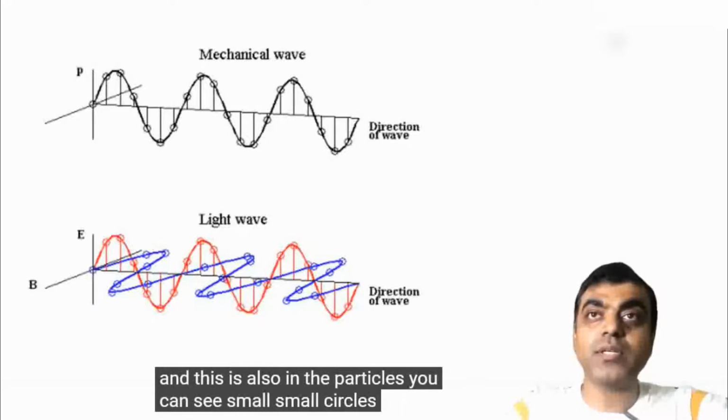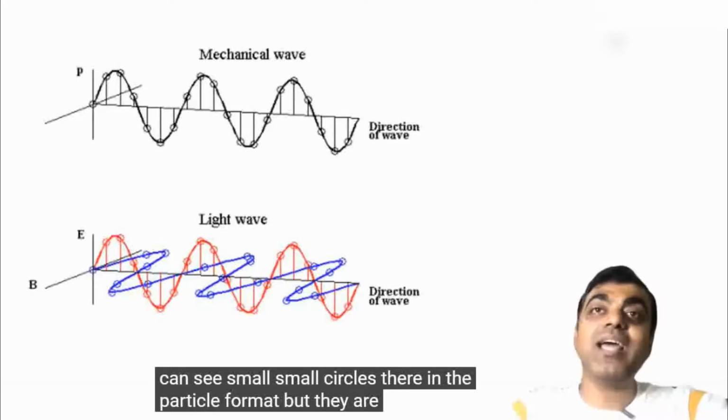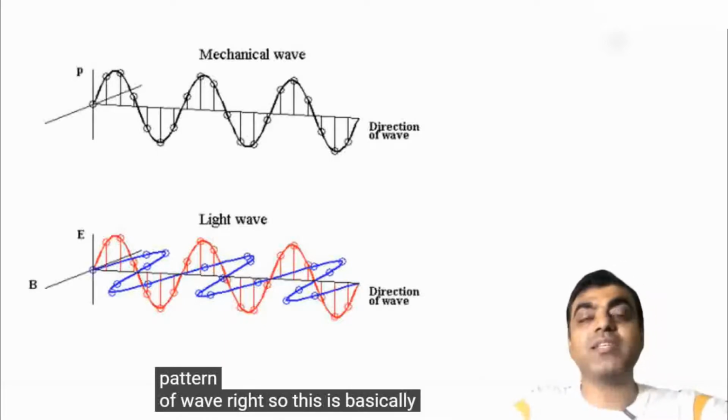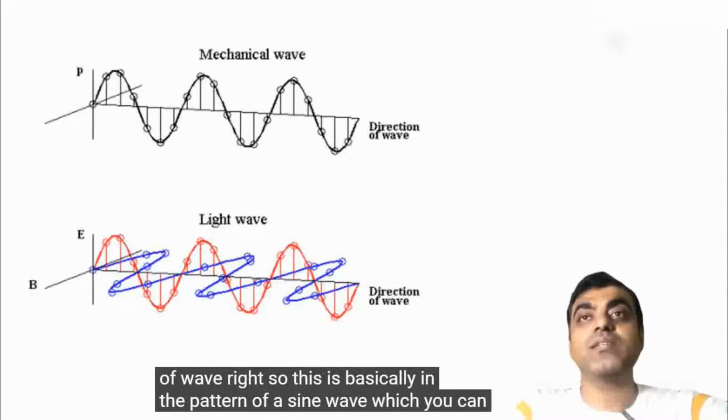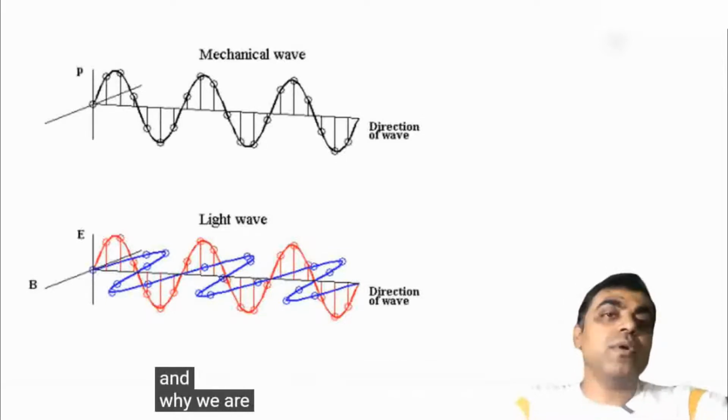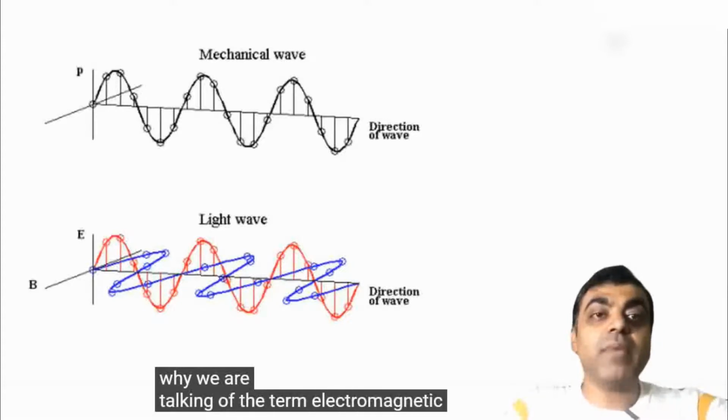And this is also in particles. You can see small circles there in particle format, but they are moving in the pattern of a wave, a sine wave, where you can see plus and minus amplitudes. And why are we talking of the term electromagnetic waves?